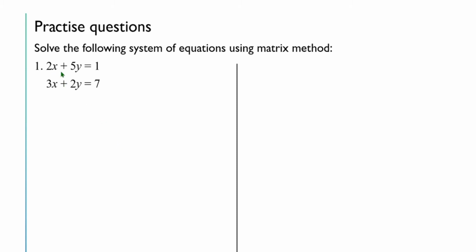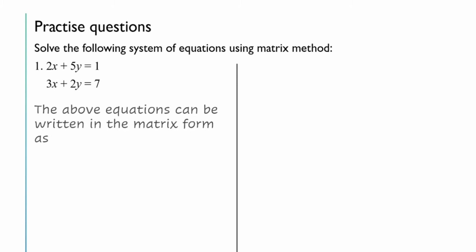So solve the following system of equations using the matrix method. Matrix method is nothing but the same as the inverse of coefficient matrix method. So here the above equations can be written in the matrix form as AX is equal to B, so let us mark this as equation 1, where A is the coefficient matrix, 2, 5, 3, 2.